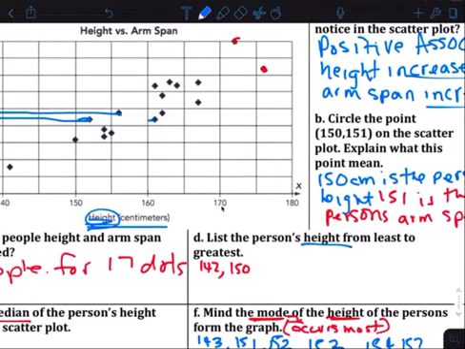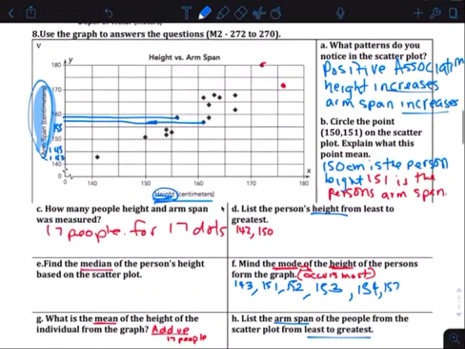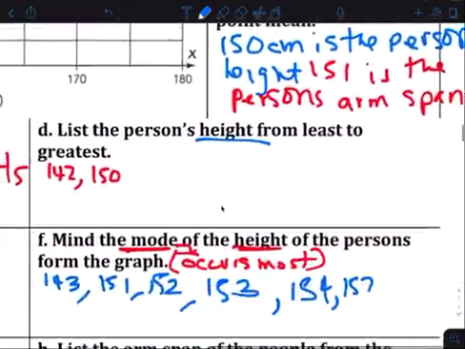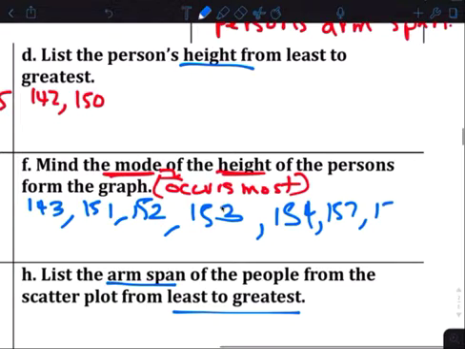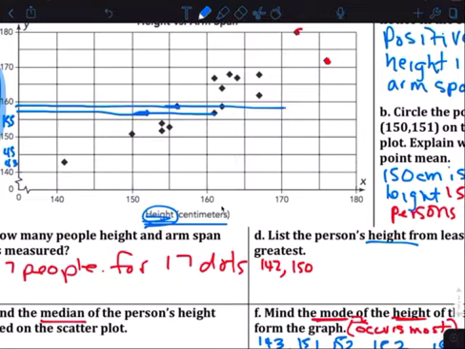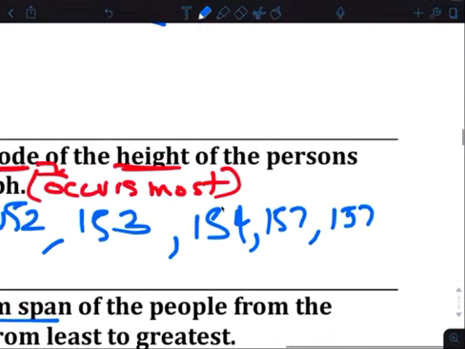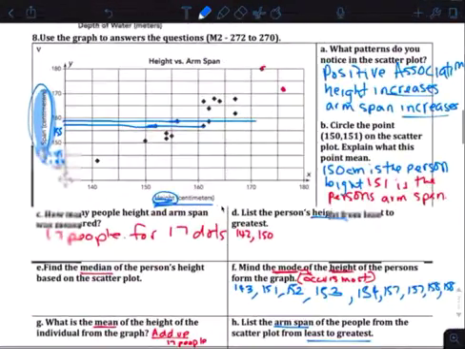Oh, this one too. That one's the same as that one. So there's two. That's 157 again. 157. And then 158, there's two of them.